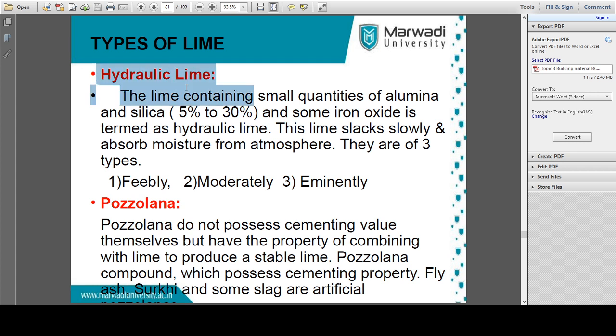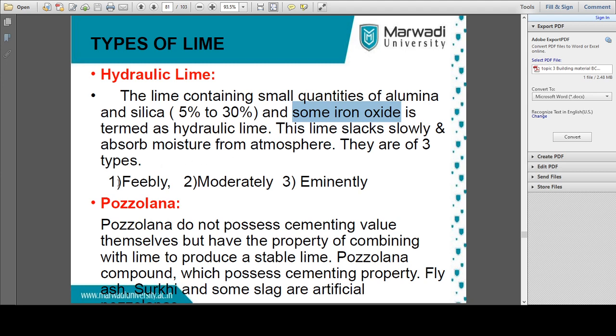Under hydraulic lime we again have three categories: feebly, moderately and eminently hydraulic. Based on the percentage, hydraulic lime specifically contains alumina and silica along with certain iron oxide material, right? But under these three, there is an addition of clay particles.